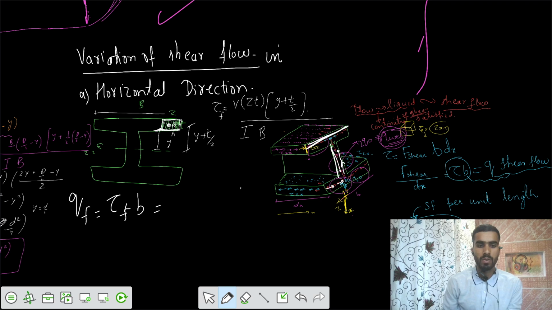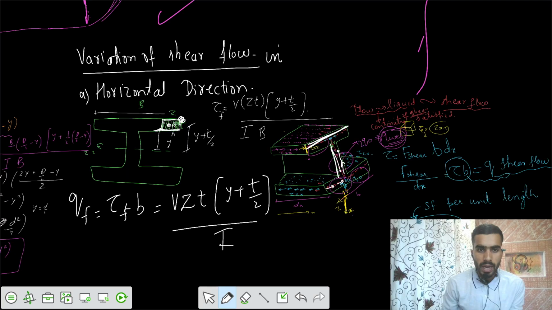That is your shear flow, and we get a value of shear flow equal to V z t (y plus t by 2) divided by I. So we got the shear flow, and if the z value is 0, if we substitute z equals 0, you get a value of 0 for the shear flow.